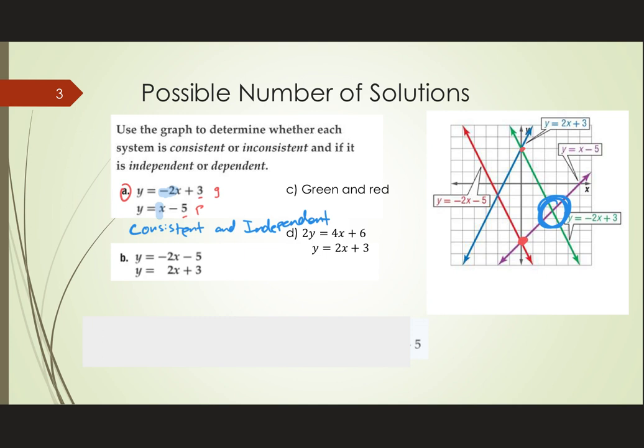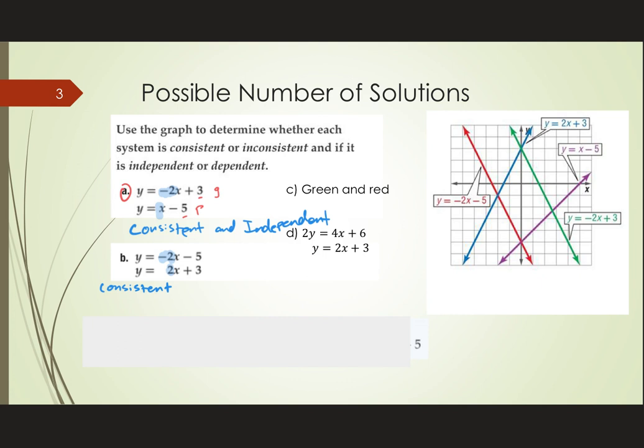Now take B, for example. This one is negative 2. This one is 2. So at the very least, I know that this is going to be a consistent system. Now let's look over at our graph.